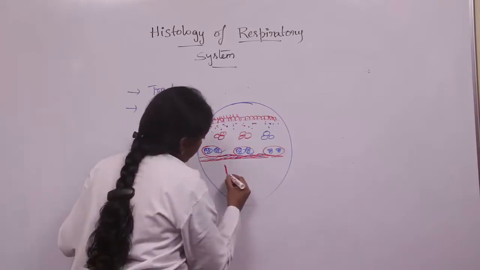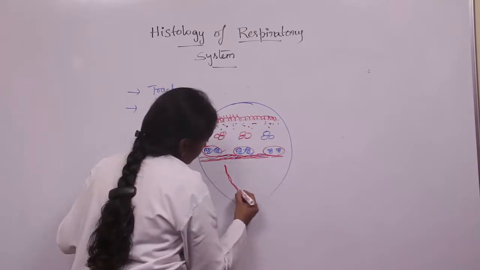The alveoli are lined by nothing but flattened epithelium.